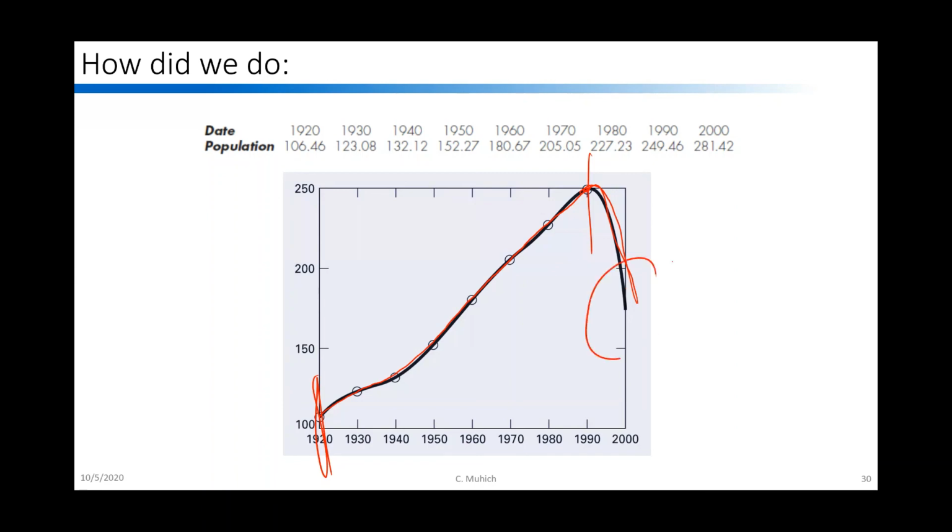So this would predict using a 7th order polynomial that the US population would decrease dramatically in the year 2000. Unfortunately, or I guess fortunately for those of us living in the United States, that didn't happen. It continued to go up. So this is both an example of how we can do shifting and scaling, and then the dangers of extrapolation.